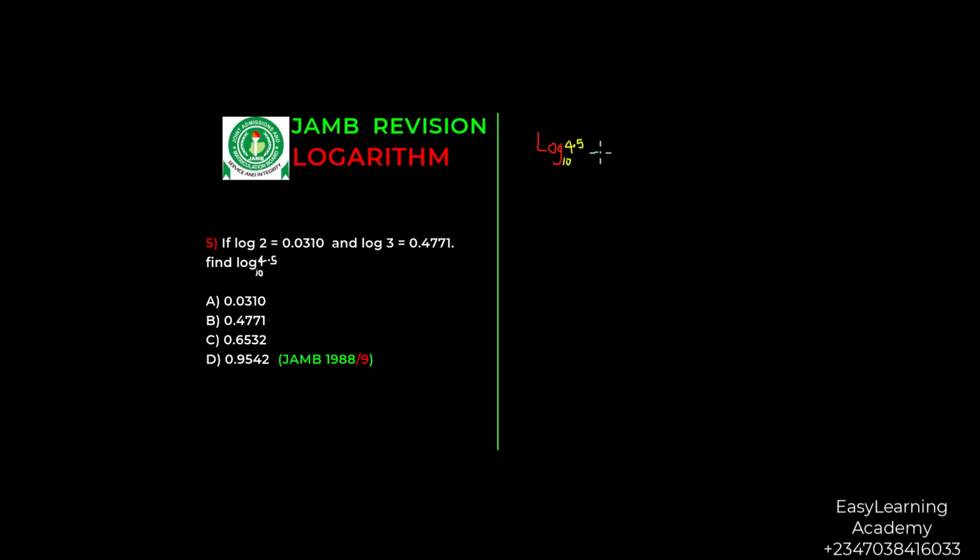Let's try to rewrite 4.5. Rewriting 4.5, it is the same thing as 45 over 10. Let's just rewrite everything so we don't mix it up.